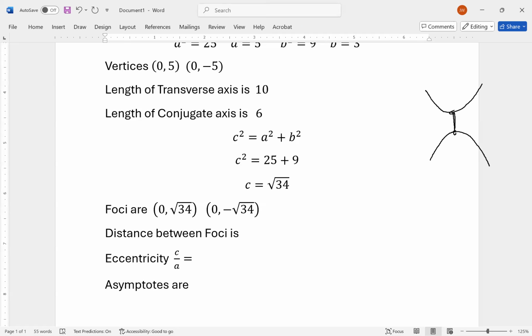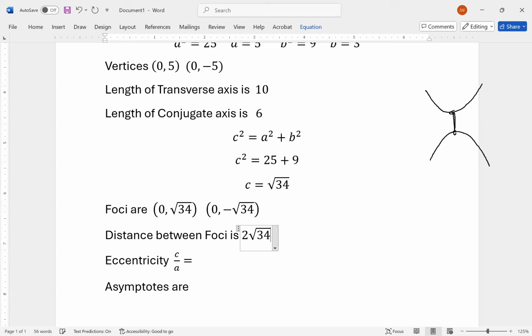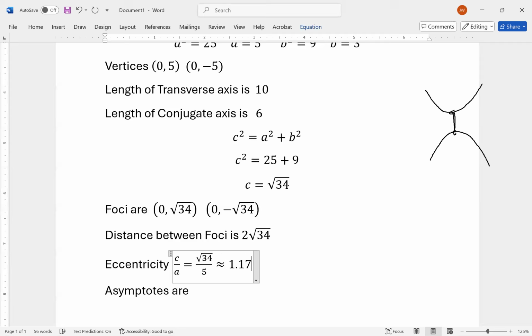Distance between the foci is double that, so 2 times the square root of 34. And then eccentricity is C over A, so that's square root of 34 divided by 5. By the way, once again, taking square root of 34, dividing by 5, you get a number that is above 1, specifically about 1.17.